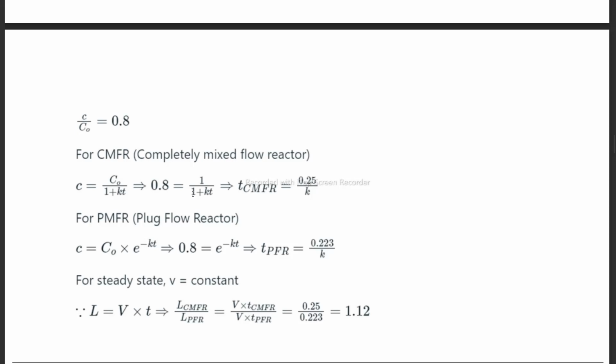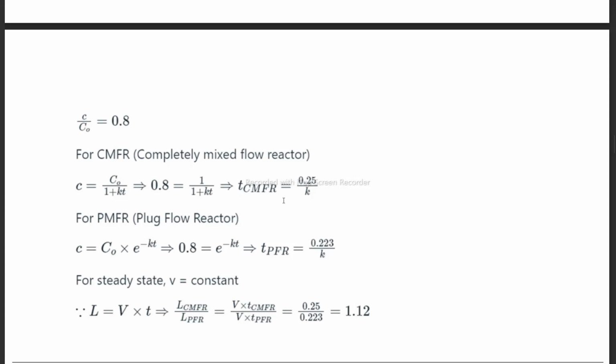Because 1 plus kt comes into the left side, on the right side it becomes 1.25. On the left hand side, it becomes 1 plus kt. That means kt equals 1.25 minus 1, that means 0.25. That means t equals 0.25 by k. Simple.